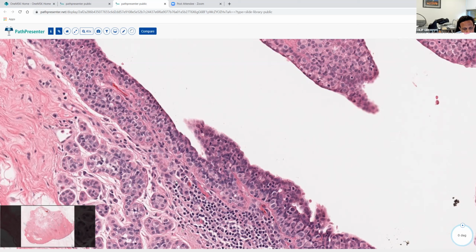So this appears to be an atypical ductal proliferative process. And depending on how much it is, you can then go on to say that in this material, these changes are suggestive of ADH. However, a final determination will be made on excision.